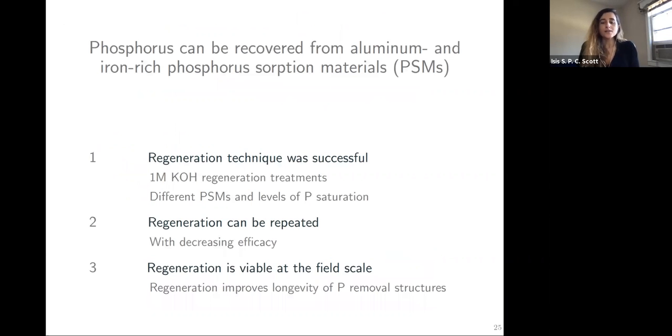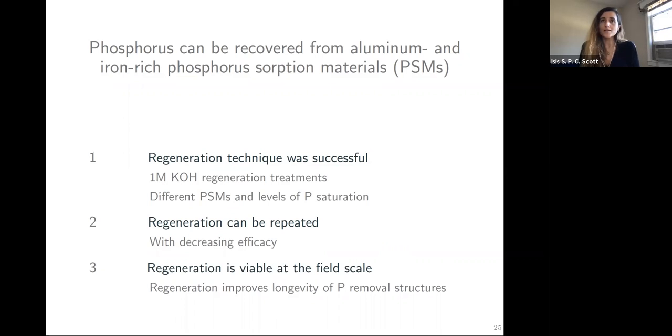Okay, so in summary, this is what we found for this research. The regeneration technique that we developed was successful. By using 1 molar of potassium hydroxide, we were able to treat and regenerate different PSMs at different levels of phosphorus saturation. The regeneration strategy can be repeated.